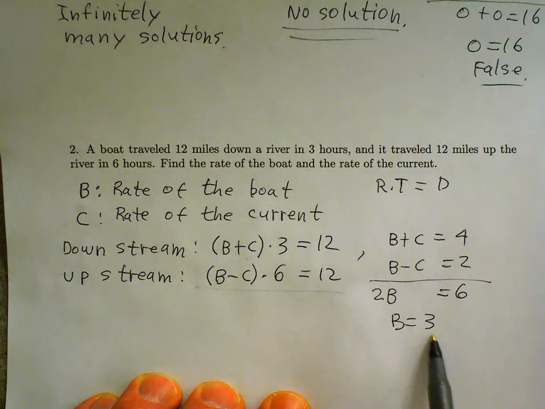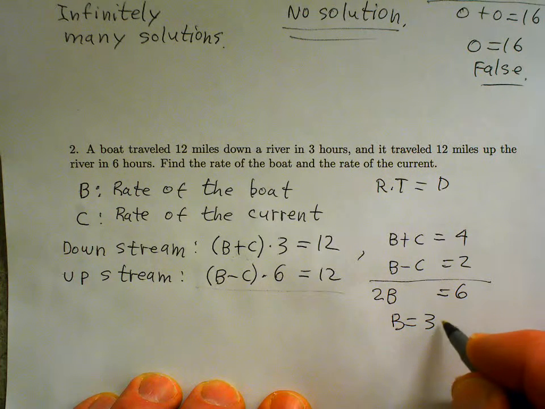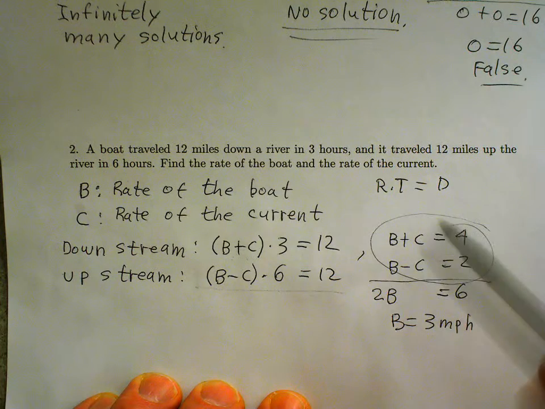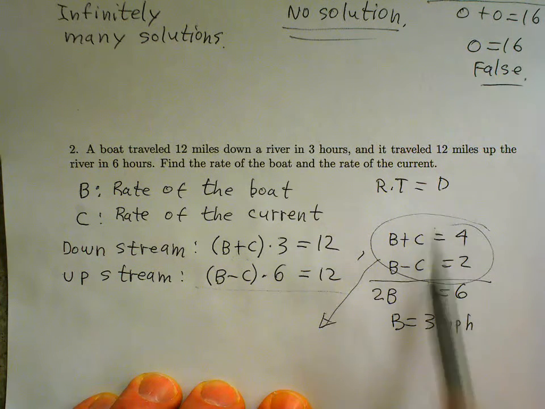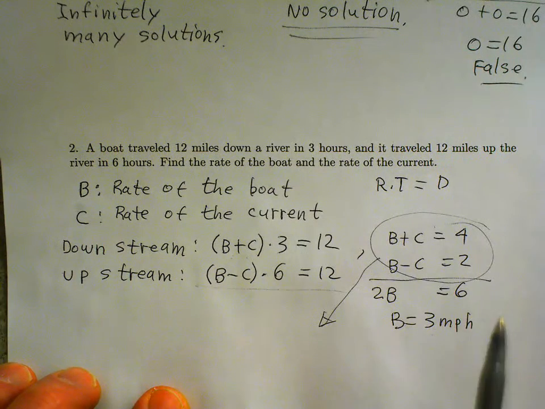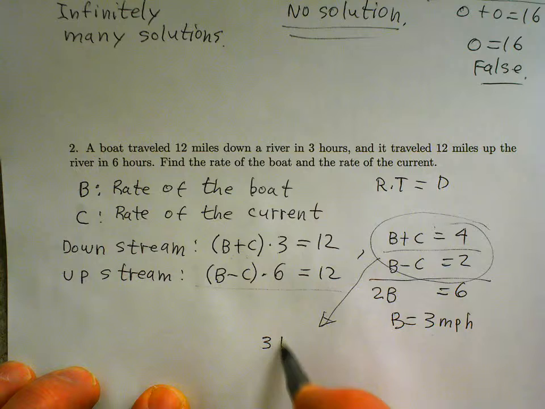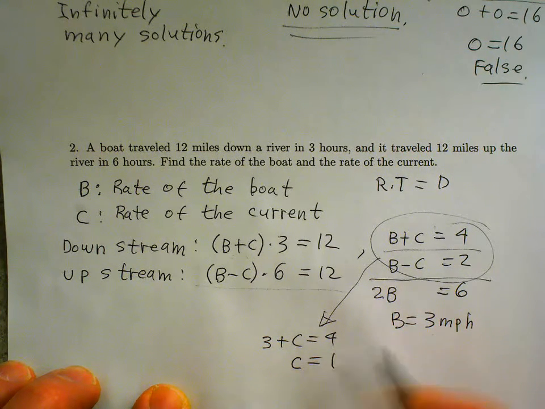So the rate of the boat is 3 miles per hour. And we can use either one of those equations. Pick one and replace B with 3 and solve for C. So I'll use the top equation. So we have 3 plus C equals 4, so C equals 1 mile per hour. Okay, so the rate of the boat is 3 miles per hour in still water, and the rate of the current is 1 mile per hour.